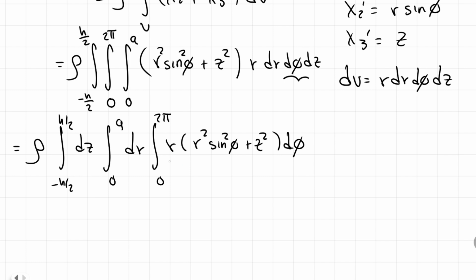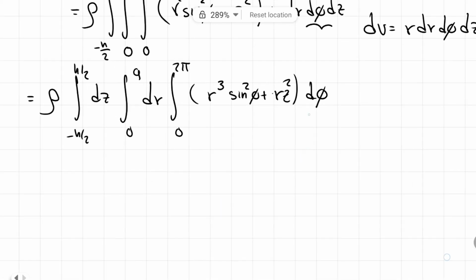Okay, we can spread this r into these two quantities to get r cubed and r z squared, like this.